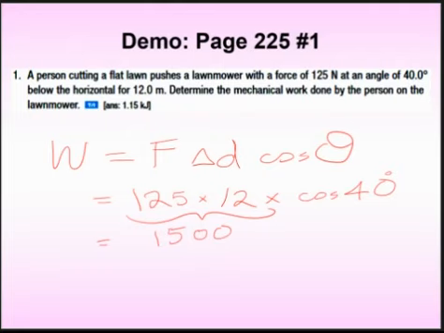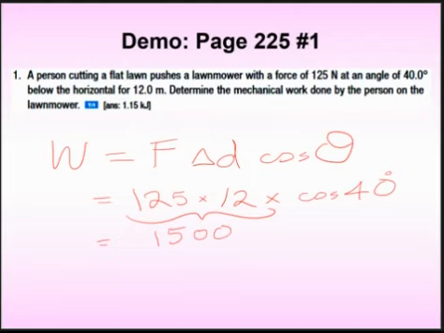What's 25 times 2? 250. Times 6, which is 1500. There's always a trick.